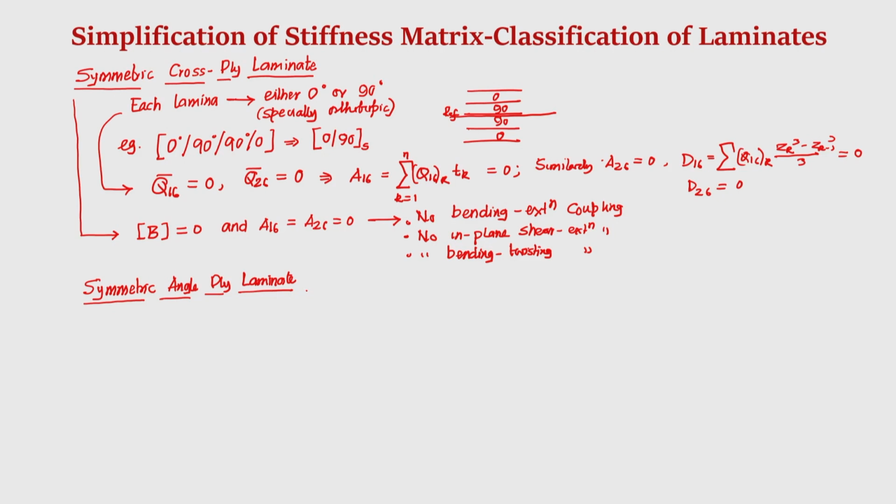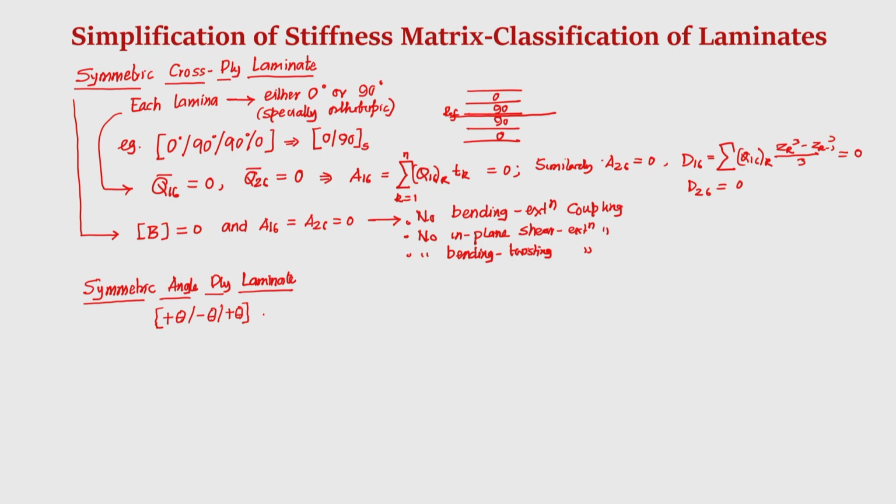This is an angle ply laminate. Adjacent laminae are plus theta and minus theta, and if the number of layers is odd, then it is a symmetric laminate. For example, plus theta, minus theta, plus theta.